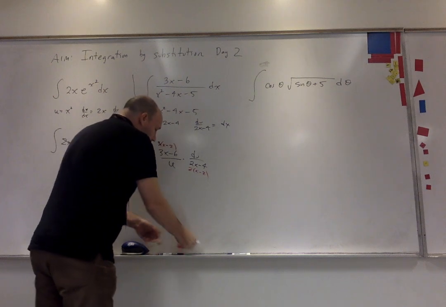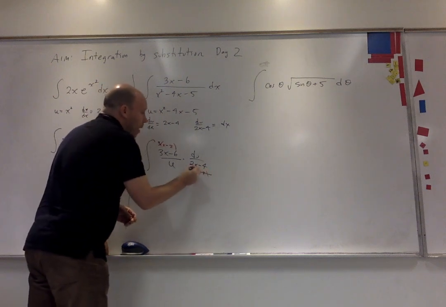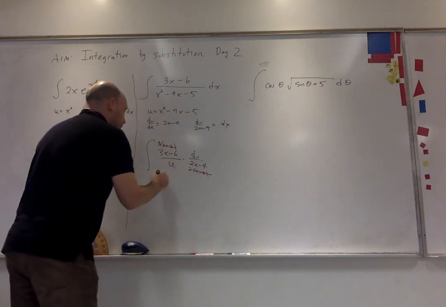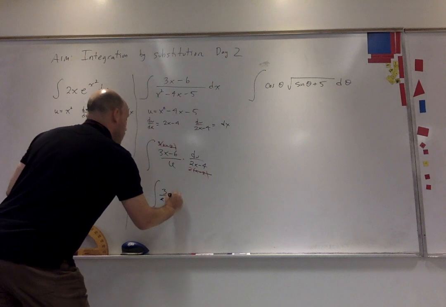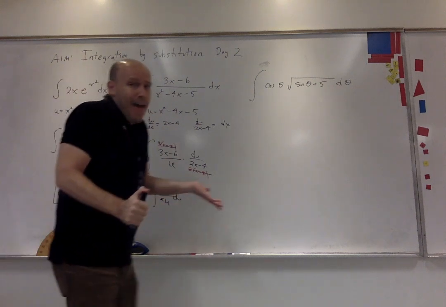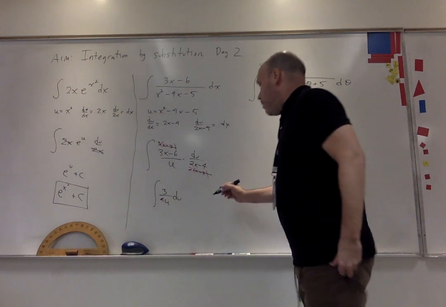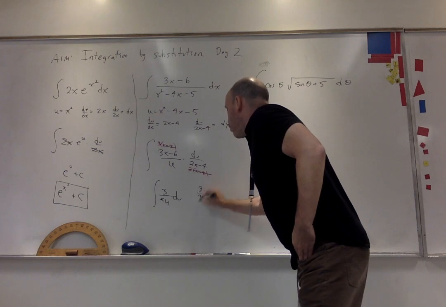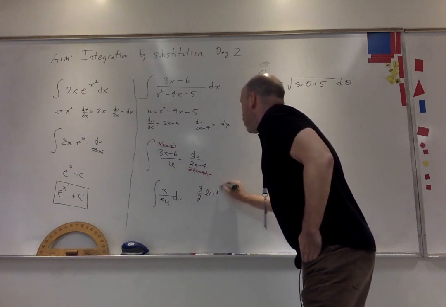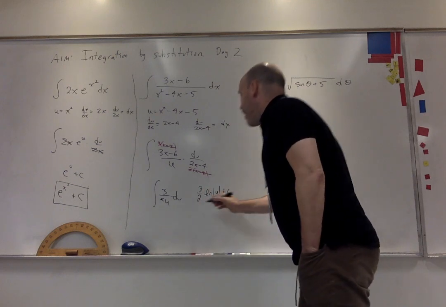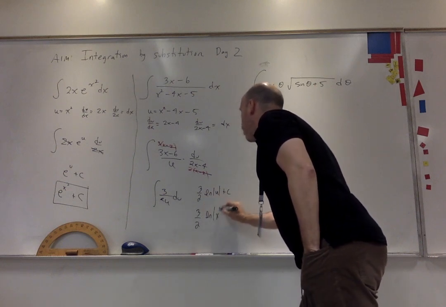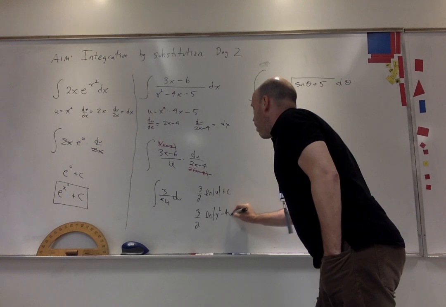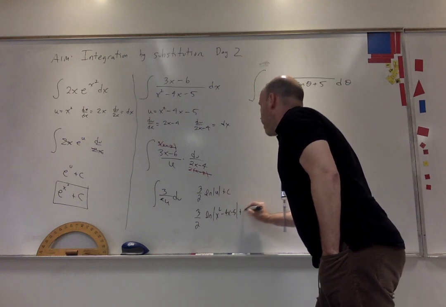And then you discover that the x minus 2's go out, and you're simply left with 3 over 2u du, and that's just basic. It's 3 over 2 ln of u plus c. Final answer, 3 over 2 ln of x squared minus 4x minus 5 plus c.